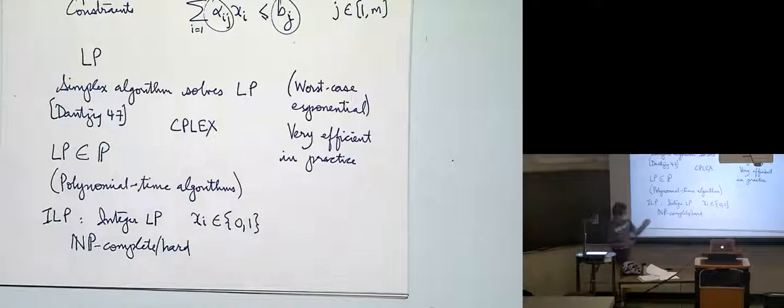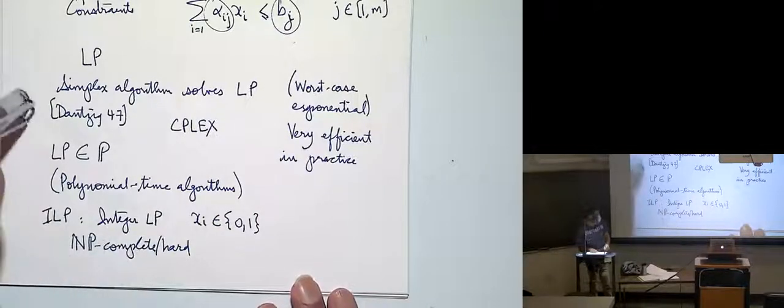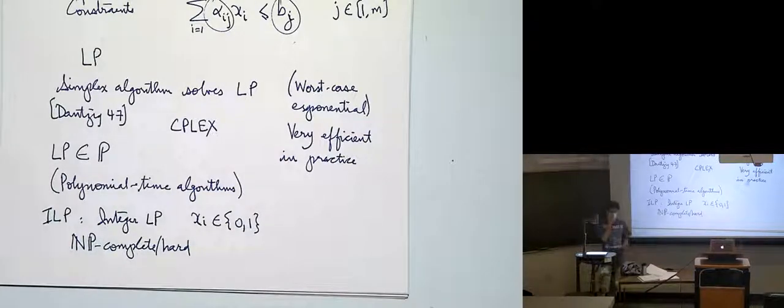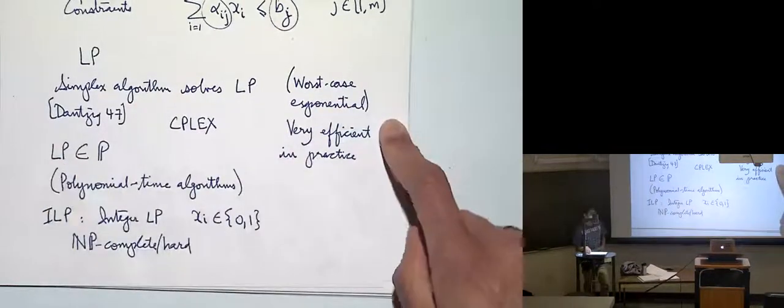So if you force variables to be integers, even with linear constraints, then essentially you can model 3-SAT. If you think about what 3-SAT is doing and you write things down, you can kind of do a reduction. So integer linear programs are hard, but LPs, linear programs, can be solved in polynomial time. They can be solved very well in practice.